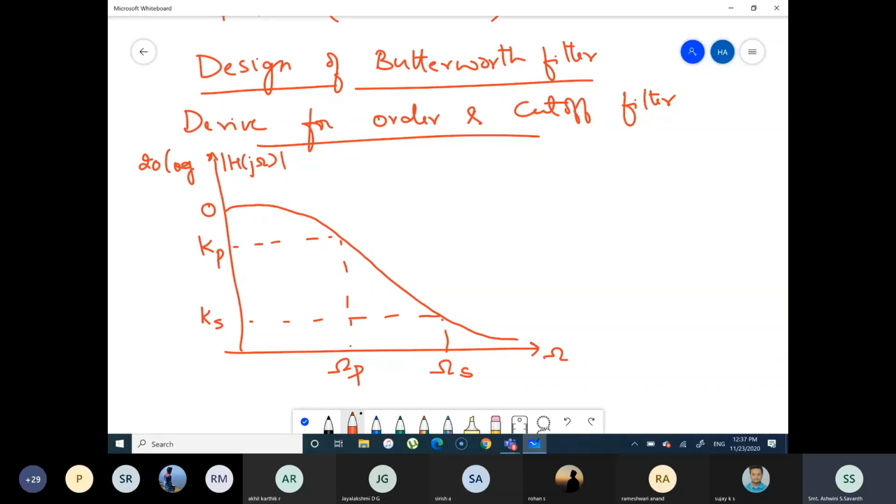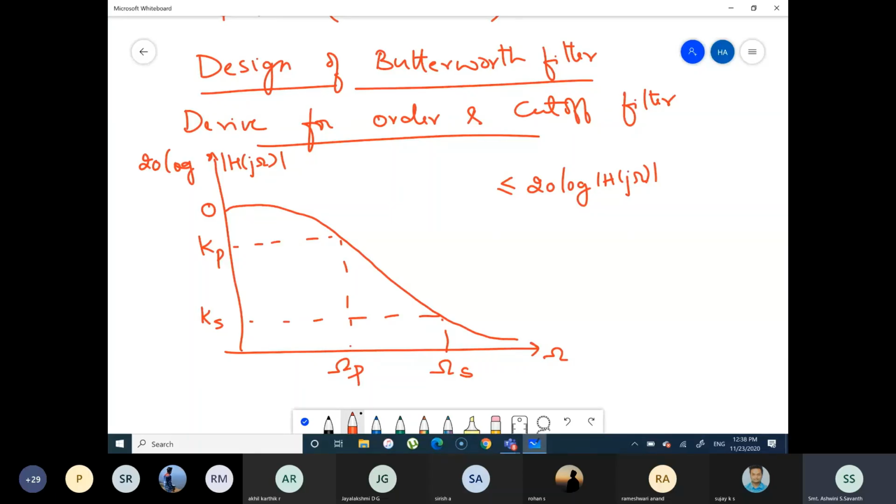So how do we write the frequency response mathematically? 20 log magnitude of H of j omega. So why am I writing 20 log? Because this is the decibel scale. Even the magnitude can be given to you, any one can be given. But for the derivation of the order and the cutoff frequency, the decibel scale is quite convenient.